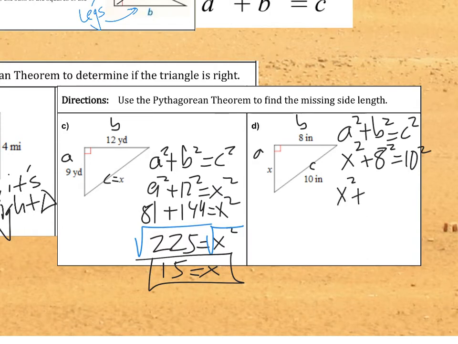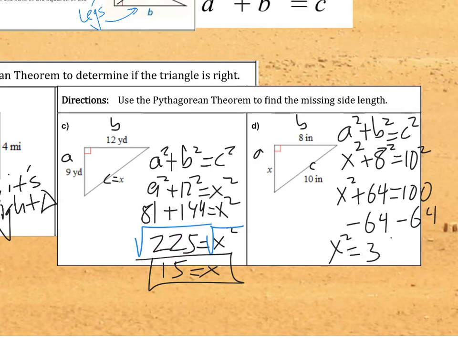A little twist, we're going to have to subtract. You see that? Got to get that 64 out of there. So we get 36. And what's that last step? That last step is going to be to square root. So x is 6.